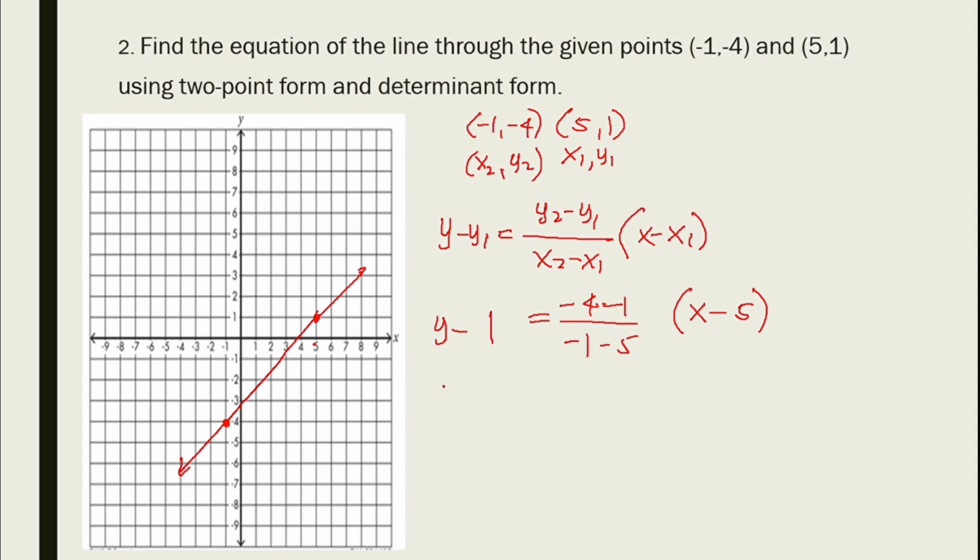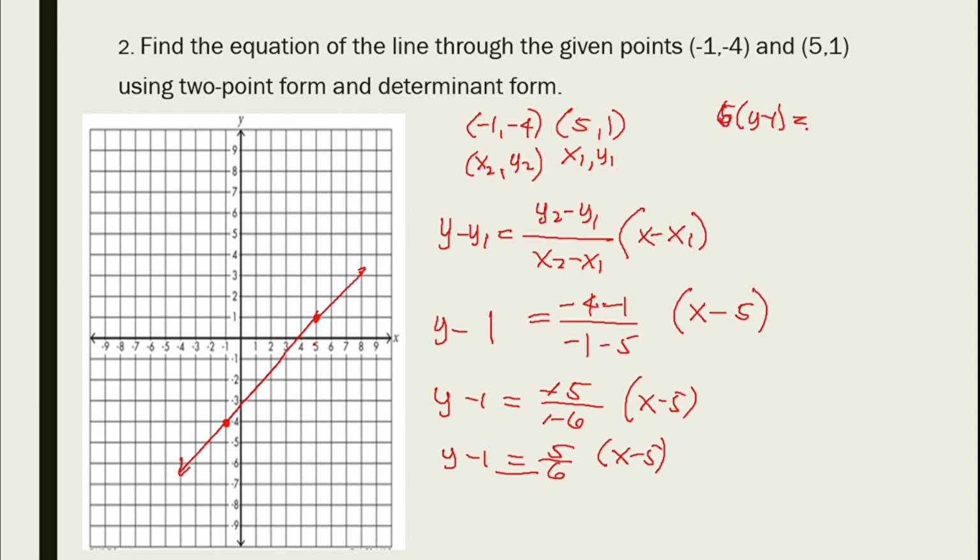Alright, so y minus 1, we need to simplify this, negative 5 over negative 6 times x minus 5, since this is positive. So y minus 1 is equal to 5 over 6 times x minus 5. We cross multiply here, 6 times y minus 1 is equal to 5 times x minus 5. So we have 6y minus 6 is equal to 5x minus 25.